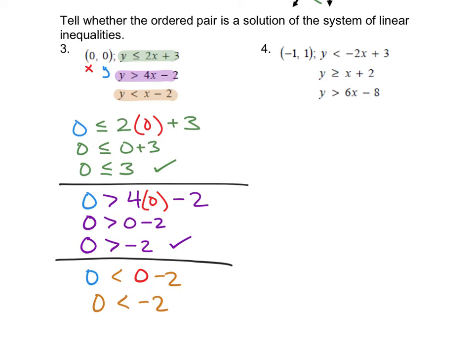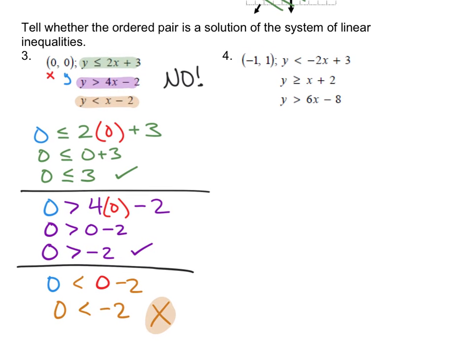Is 0 less than negative 2? No, that's not right. So if any of your statements end up being false, like this one, you would end up saying, no, this is not a solution, because it doesn't work for all of the inequalities. It only worked for 2 of the 3. We need it to work for all of the inequalities.